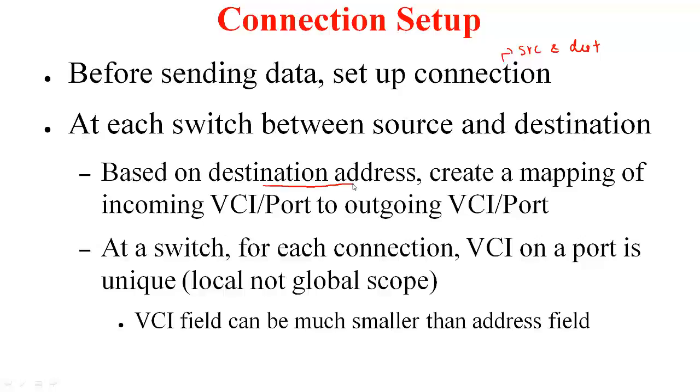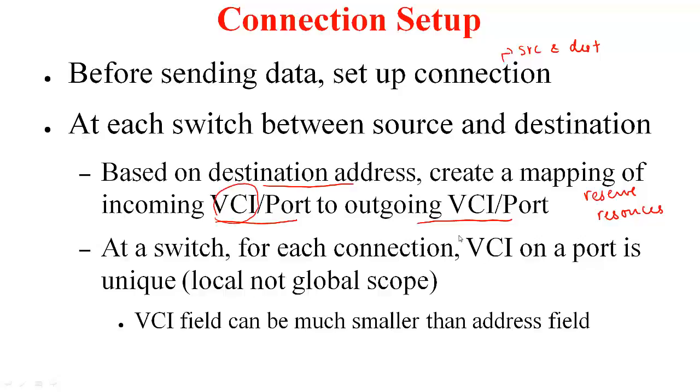You look at what the destination address is, and based on this, you create a mapping between an incoming VCI port to outgoing VCI port. All this will become clear shortly when I cover an example. The point to note here is the later packets that come will not carry a destination address but will carry a VCI tag. As part of this connection setup itself, at each switch, you may also reserve resources.